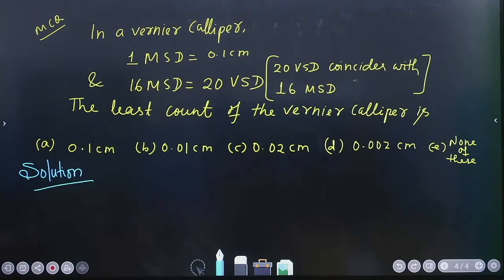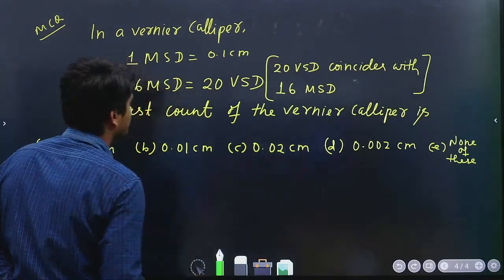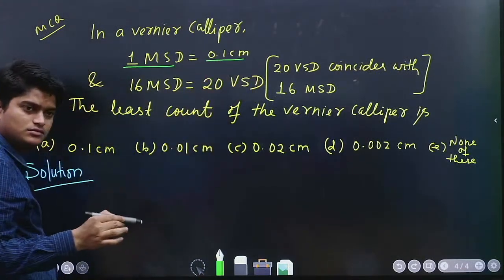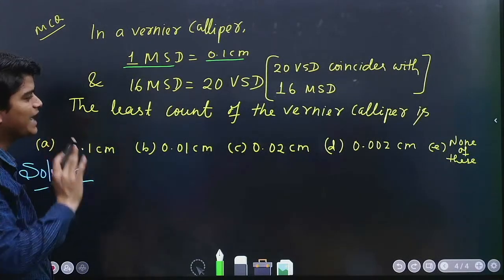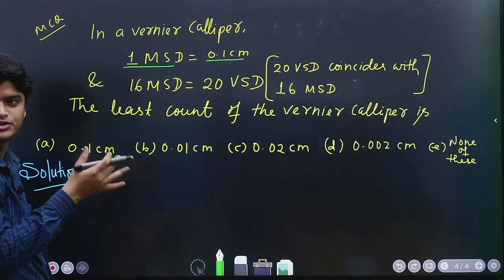Calculate yourself. Listen. 1 MSD how much? Then you need not find 1 MSD. Already given, directly given, right? No need to find anything, just you need to substitute.